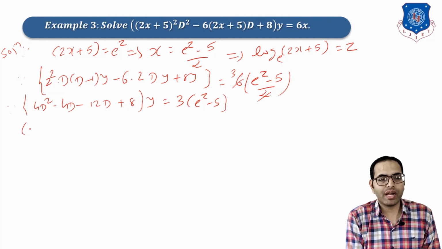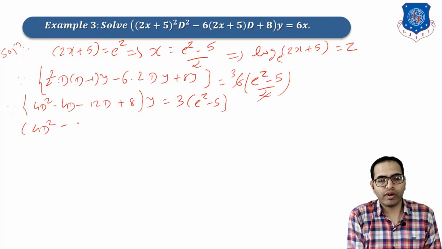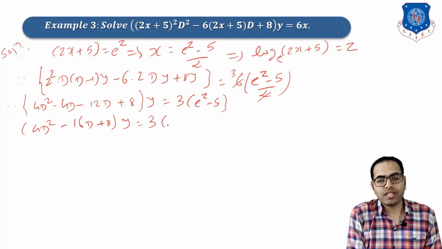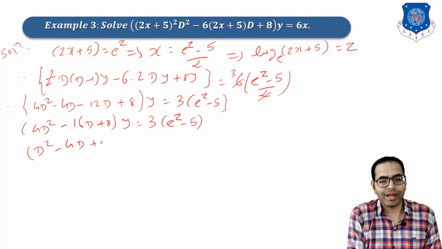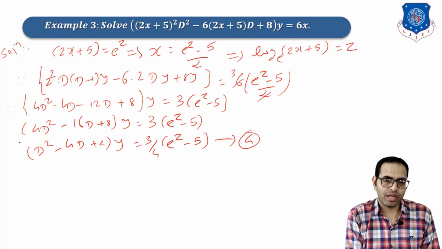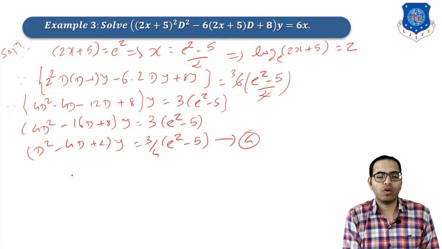Now simplify that particular term, then 4D square minus 16D plus 8, y common out, is equal to thrice (e raised to z minus 5). Now simplifying this term, 4 will be common out, then D square minus 4D plus 2 of y is equal to 3 by 4 (e raised to z minus 5). That is our equation number A. That term indicated by f of D is equal to the term indicated by Q of z.